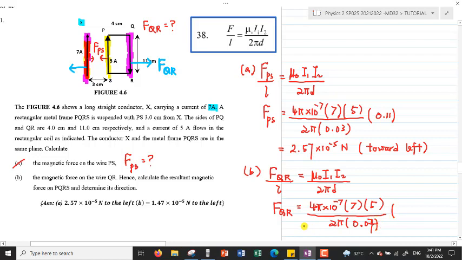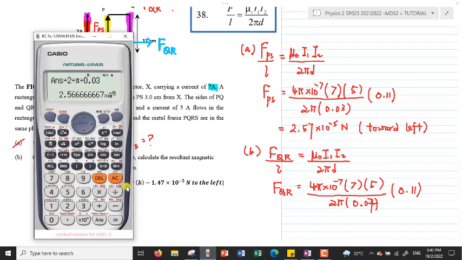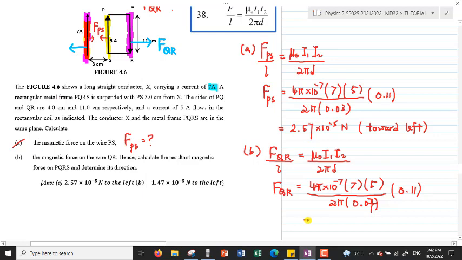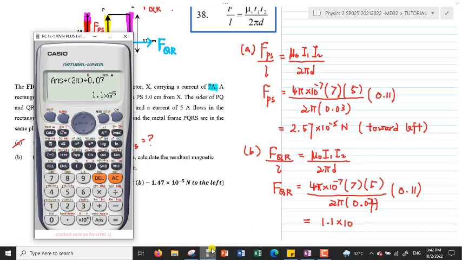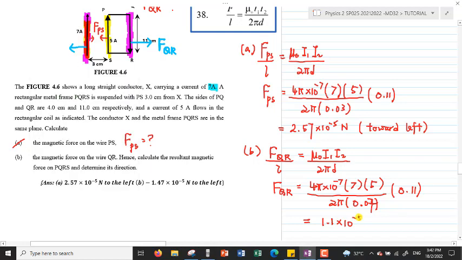Okay, then do not forget our L is shifted to the right, so we multiply with the length 11 cm, 0.11 meter. So let's do the calculations. I get the force acting on wire QR is 1.1 × 10^-5 Newton, but the direction is towards right.